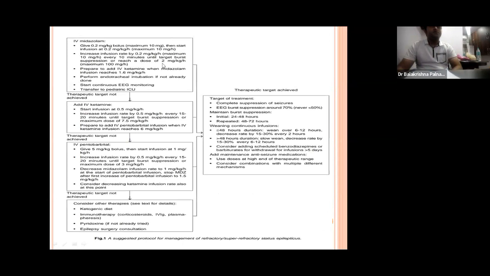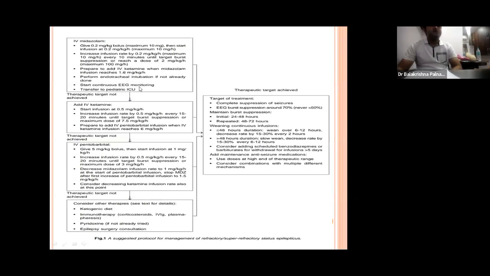So how are you going to approach this particular child, given a protocol management for refractory and super refractory status epilepticus? You need to start with IV midazolam infusion. As I suggested, you can start with 0.1 to 0.2 mg per kg as a start dose, then you can increase slowly. You can go maximum to 20 mics per kg per minute. Some people take 26 mics per kg per minute.